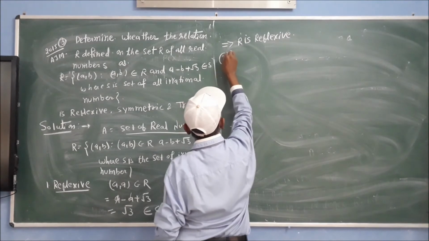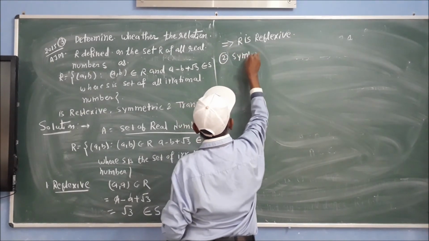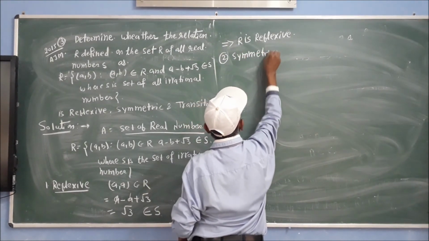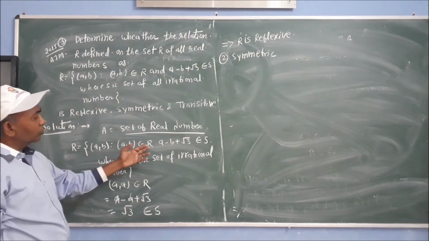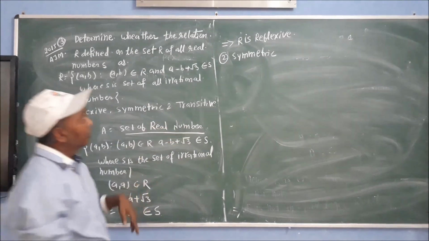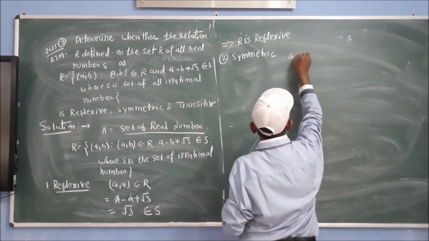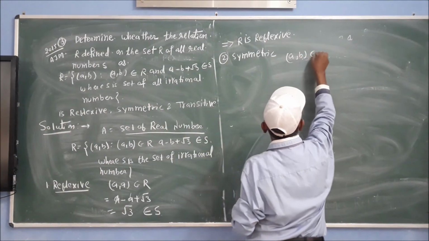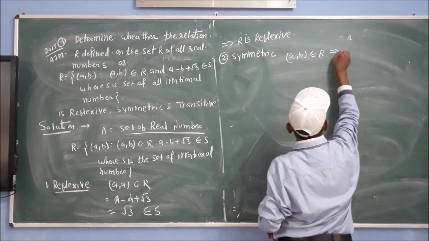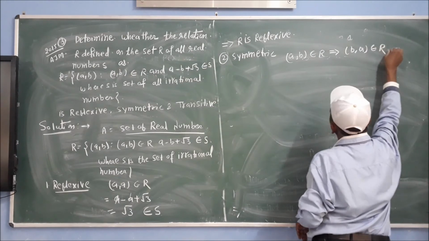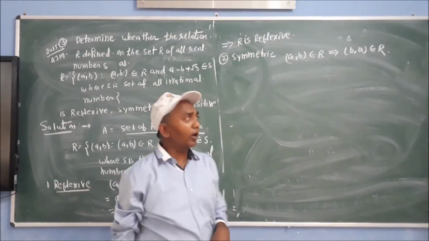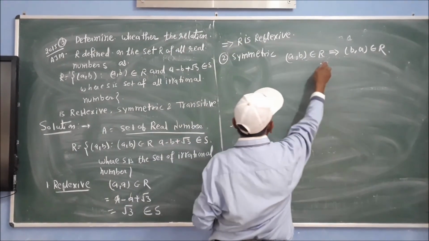The second property is symmetric. For the symmetric property, what do you do? If (a, b) belongs to R, then (b, a) belongs to R. So right here, (a, b) belongs to R. This implies (b, a) belongs to R. So what is the meaning of (a, b) belongs to R?